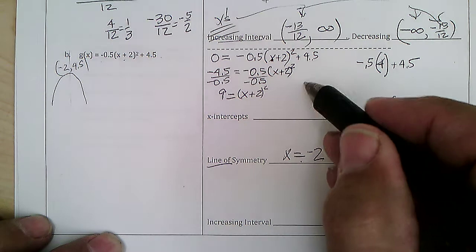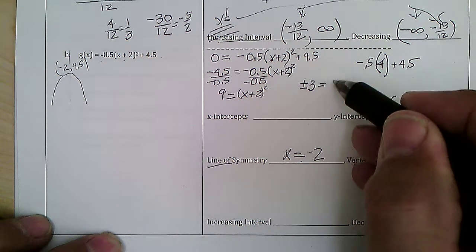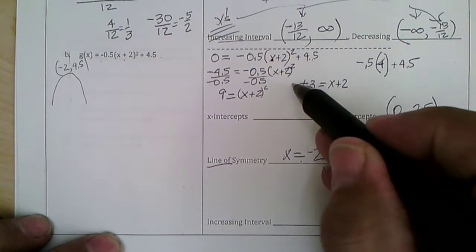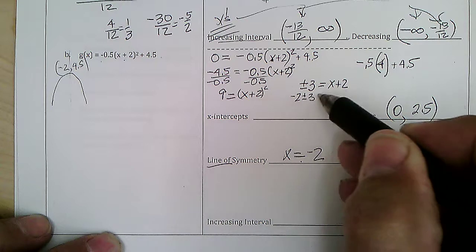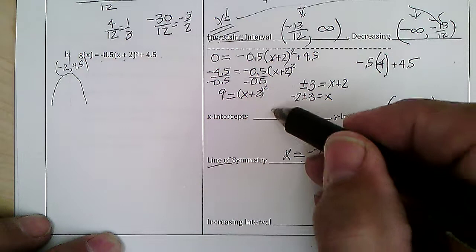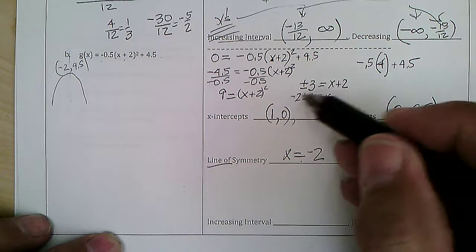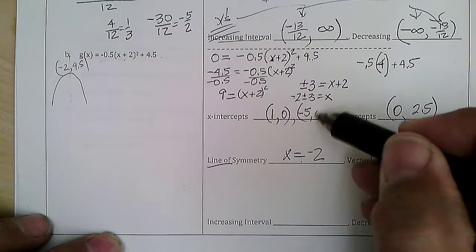So square root of 9 is plus or minus 3. Subtract 2. So -2 plus 3 is 1 when y is 0. And -2 minus 3 is -5 when y is 0.